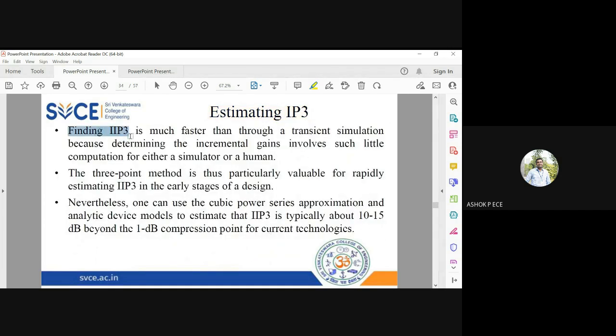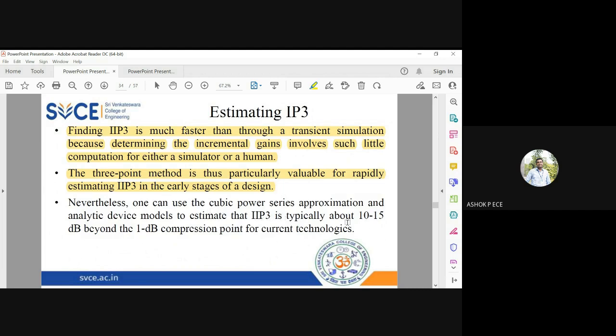This is very much faster compared to any simulation software we might use, and it is also found to be very accurate. From a design point of view, this value of IP3, whatever you get from the 3-point method, is used as a standard for designing the amplifier for your high frequency applications.